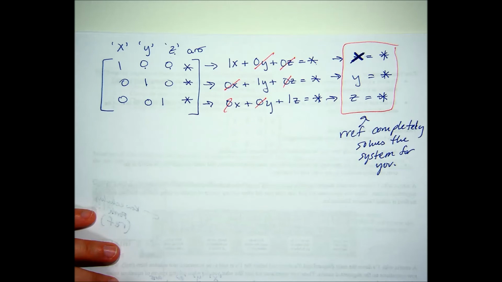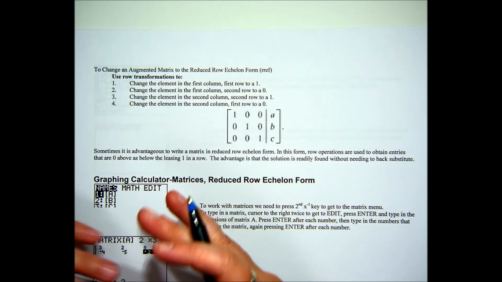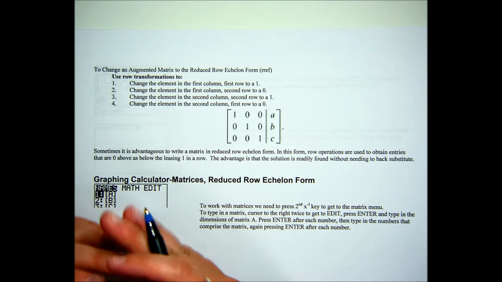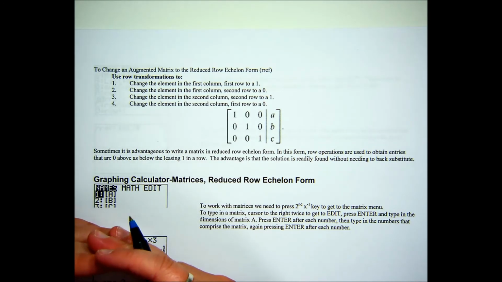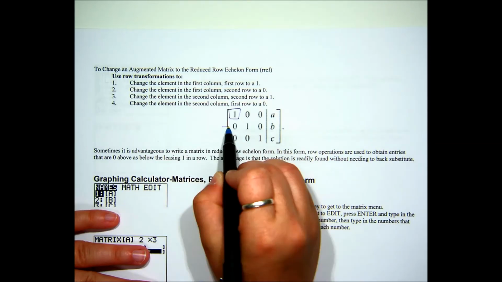A couple of things with matrices is that you want to change the first, now we do this row-wise, okay? To do this by hand, we do this row-wise. Step 1, work with the first row. Change this element to a 1. Then step 2, get a 0. Step 3, get a 0.